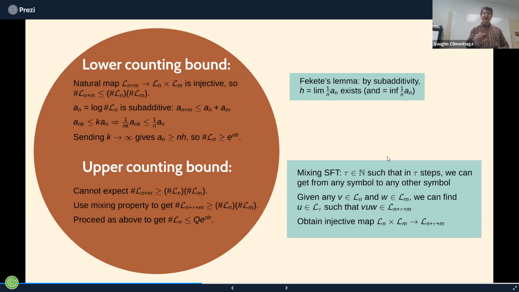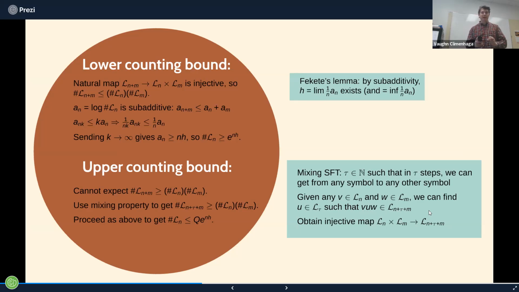And as a consequence of that, if you give me any two words, V and W, in the language of my mixing SFT, then I can look at the last symbol of V, the first symbol of W, find a path that takes me from the last symbol of V to the first of W in exactly tau steps. I can label that path by a word U in the language of the shift, which has length exactly tau, and then V followed by U followed by W is in my language.